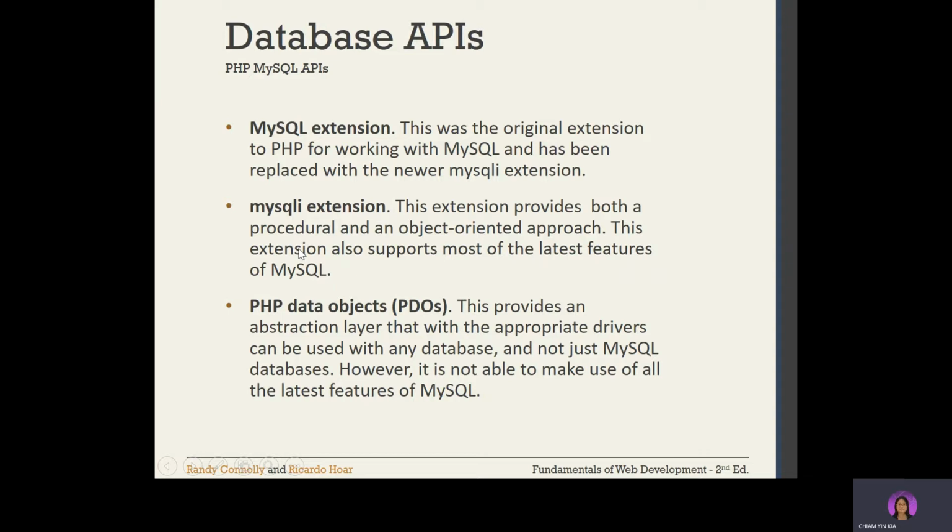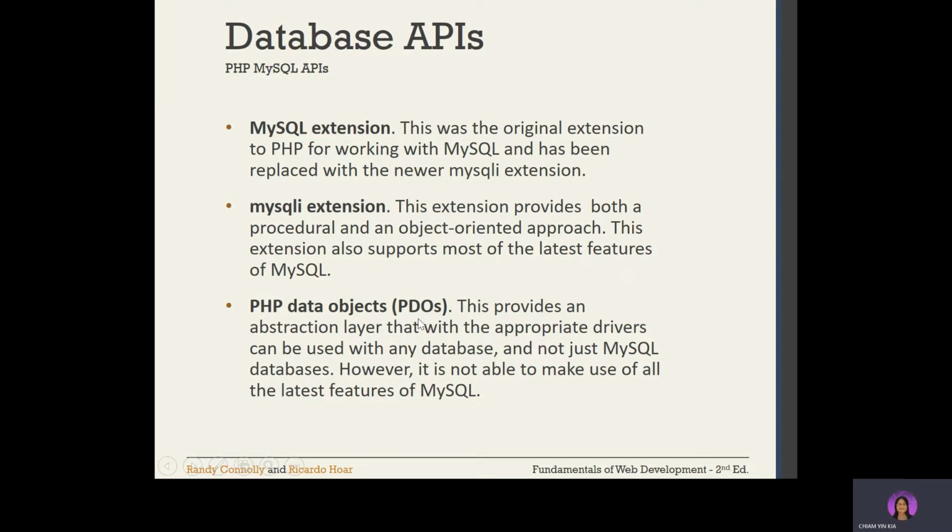When you write with MySQLi, there are 2 approaches that you can apply. You can write it using the procedural approach. We can also write it using the object-oriented approach. That means that we define objects to store the database connections, and we will see sample code for the different approaches. The last one, PHP Data Objects.